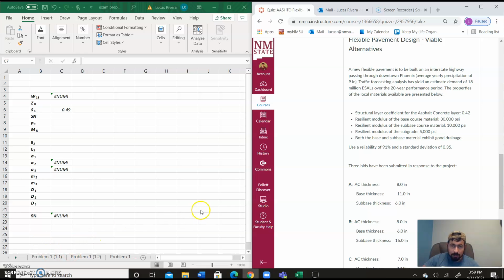Structural layer coefficient. Okay, structural layer coefficient, 0.42.